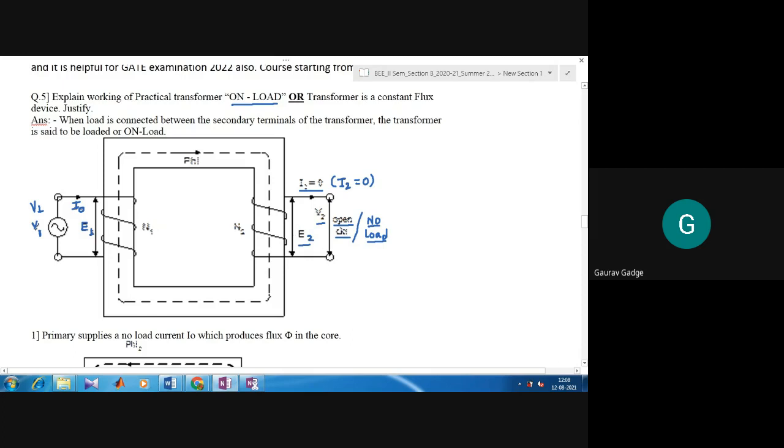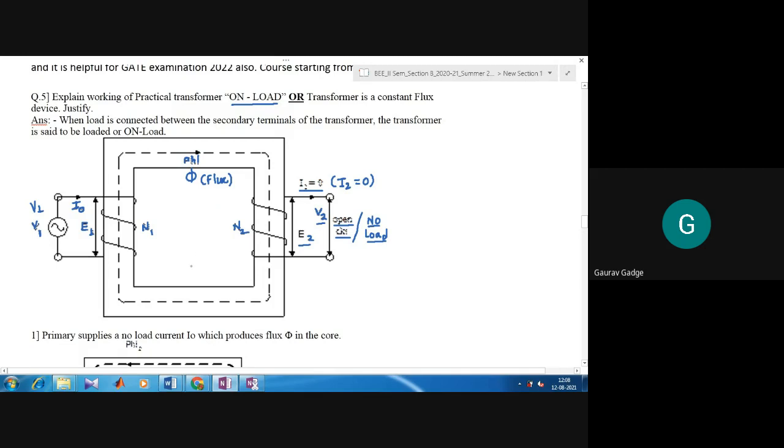Number of turns as N1 on primary and N2 on secondary. Now, due to induced EMF E2, we get another voltage V2 on the secondary side. Now, this flux links between primary and secondary winding.